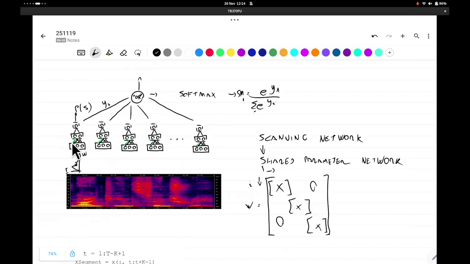And equally important is that these subnetworks are identical, so the weight on each connection is the same, independent of the location. So all this together gives a scanning, shared-parameter network.